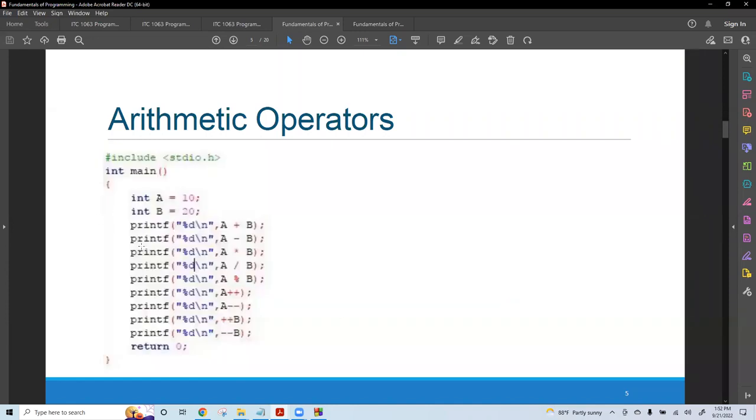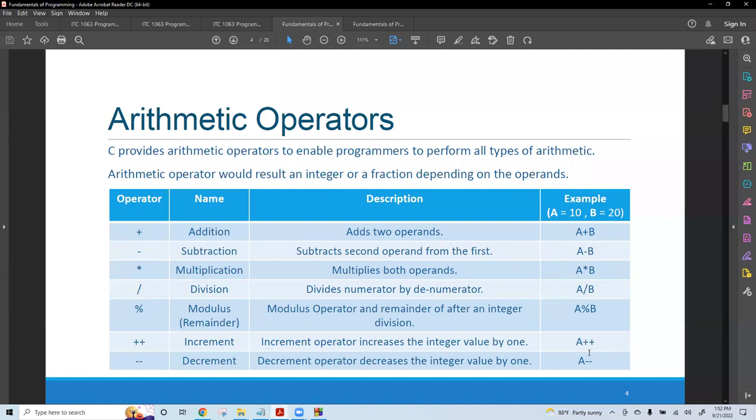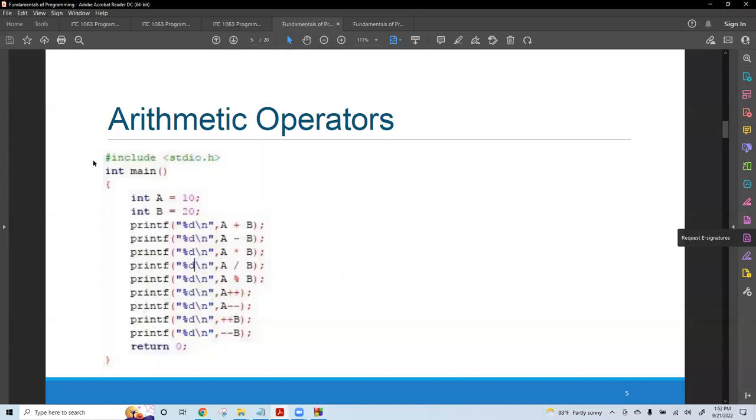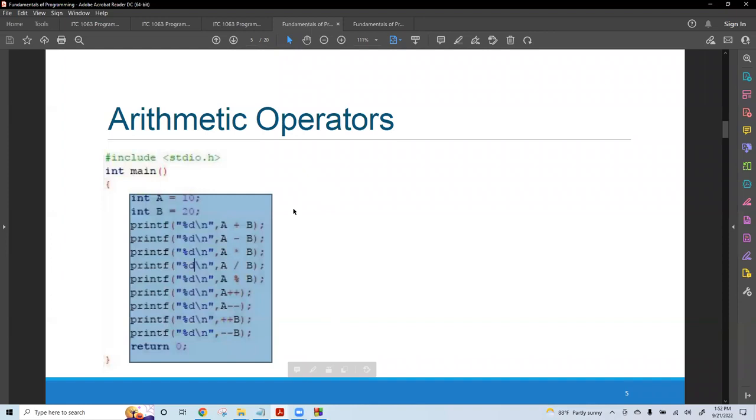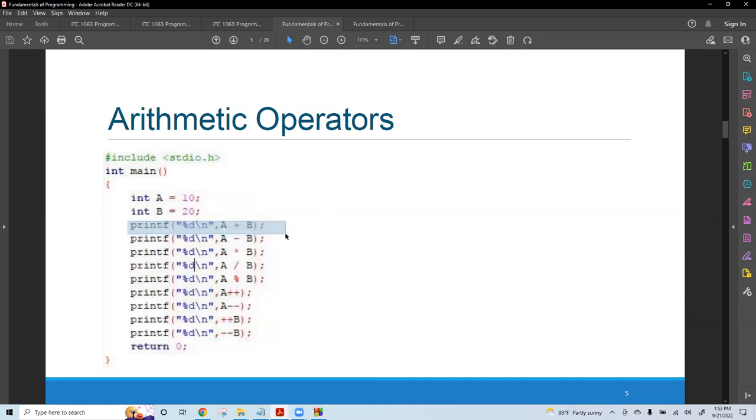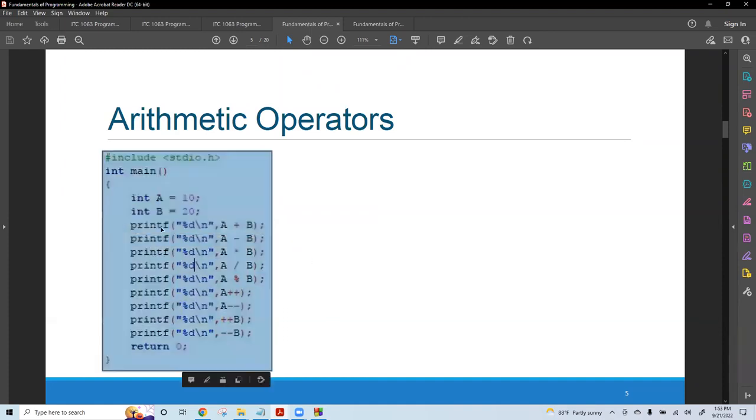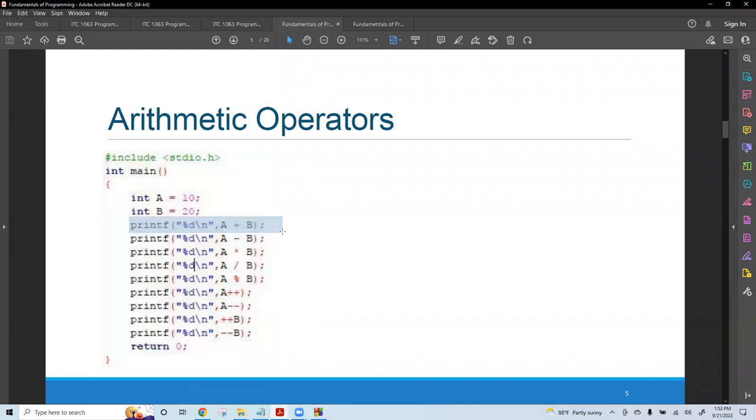We did some interesting exercises using the post and pre-increment operators on Friday. I have given a very simple program, so you can guess the output of each printf statement.